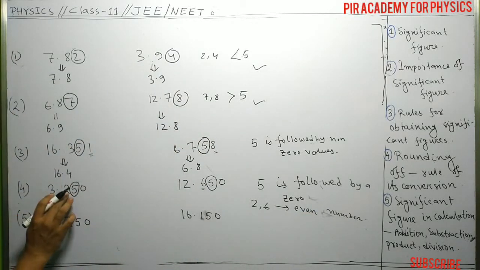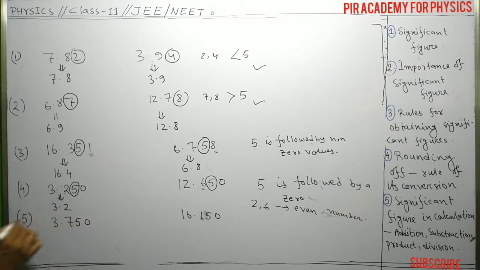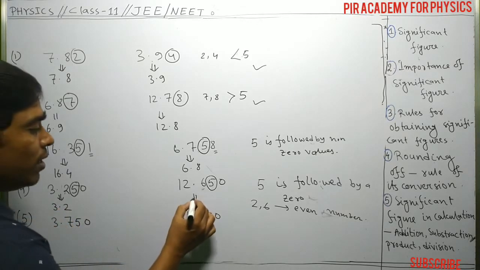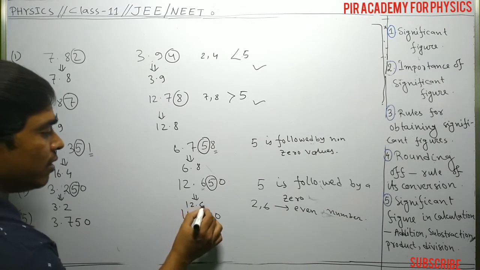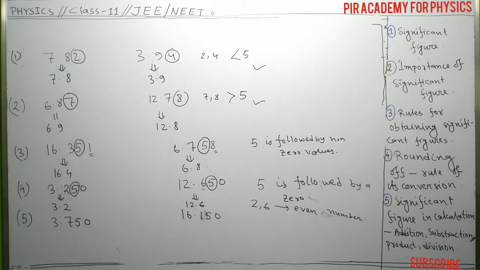So this 2 will be unchanged. That means it will be 3.2, and this will be 2.6. What is the rule?